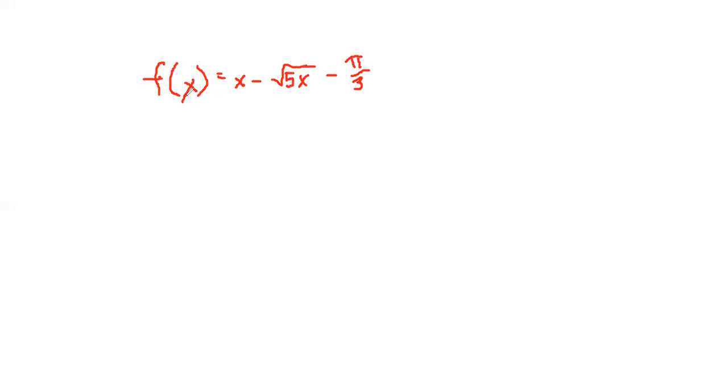So, this is not a polynomial function. Tinitingnan natin bawat term. Yes, si x, pasok siya sa polynomial function. Pero pagdating kay negative square root of 5x, hindi na siya pasok. Bakit? Dahil sa negative square root 5x, meron tayong variables inside the radical sign.